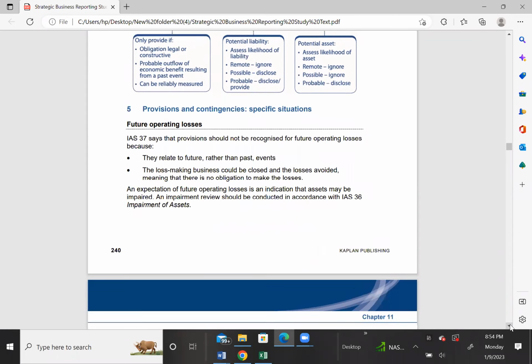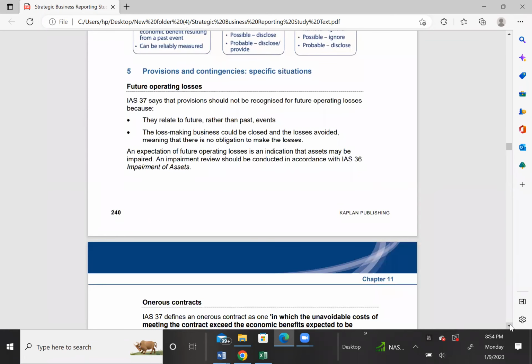Now, some specific situations, future operating losses. Dear students, just remember that we do not recognize a provision for future operating losses, because in future operating losses, the event will be in the future. There is no past event. And if a business is making losses, there is no obligation that we should run the business.